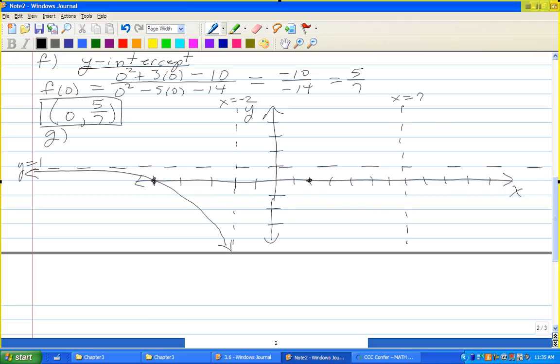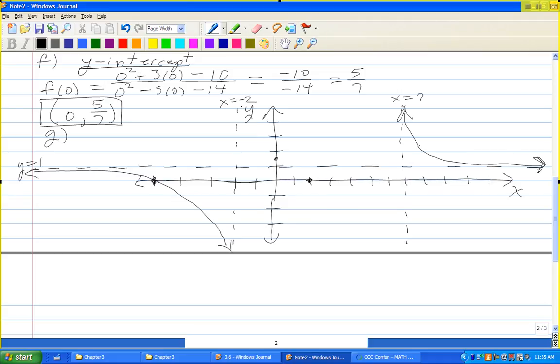So it's going to look something like this. Well, good enough. Okay. And it has to go through here, and at 5/7, which is about here, it has a 0.